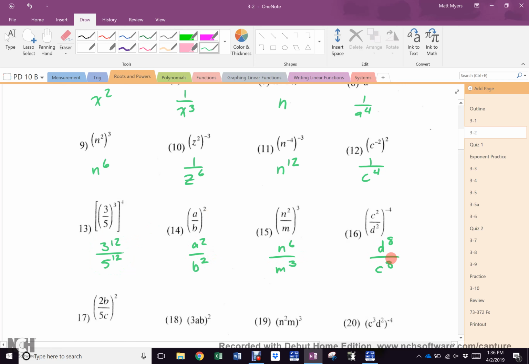Everybody good across 13 through 16? 16 is the question that often causes trouble. Everybody assures me they know what they're doing, and then they're like, oh, I don't get 16. Now, listen to me, please.